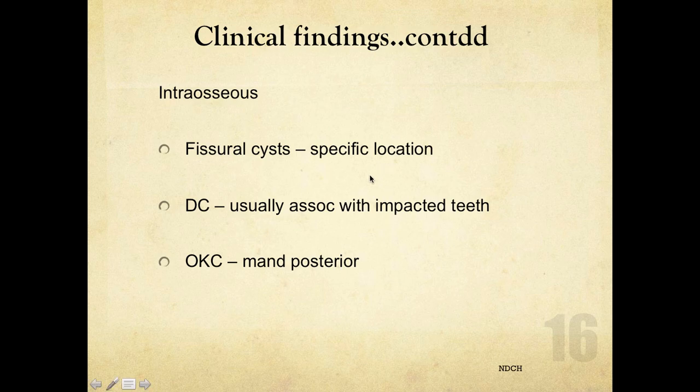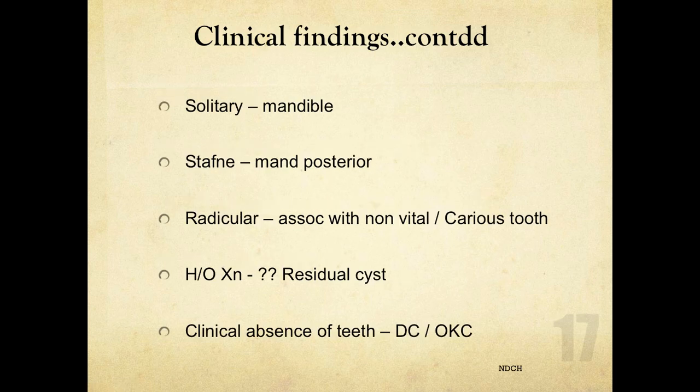Most of these intraosseous cysts have a specific location. Like if you take the fissural cysts, they have a specific location. A dentigerous cyst is usually associated with impacted teeth, and odontogenic keratocysts occur in the mandibular posterior region. Solitary and even the Staphne cysts all occur in the mandible, and a radicular cyst is usually associated with a non-vital or a carious tooth with pulpal involvement.